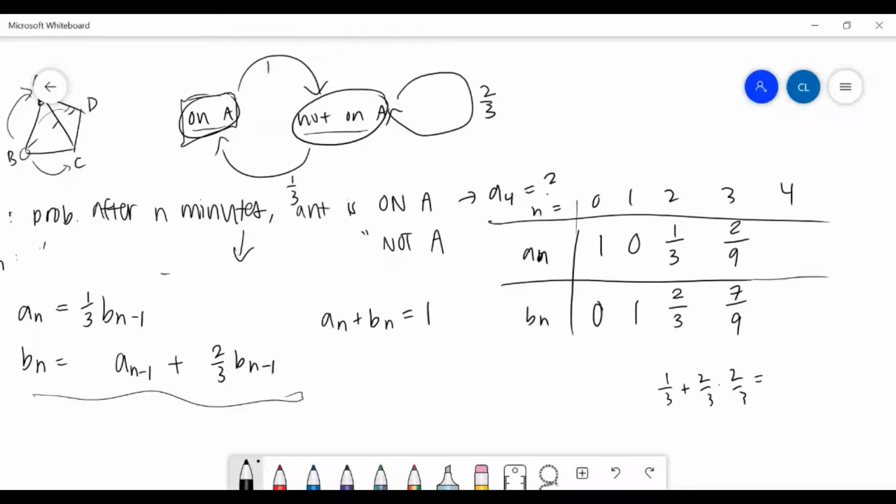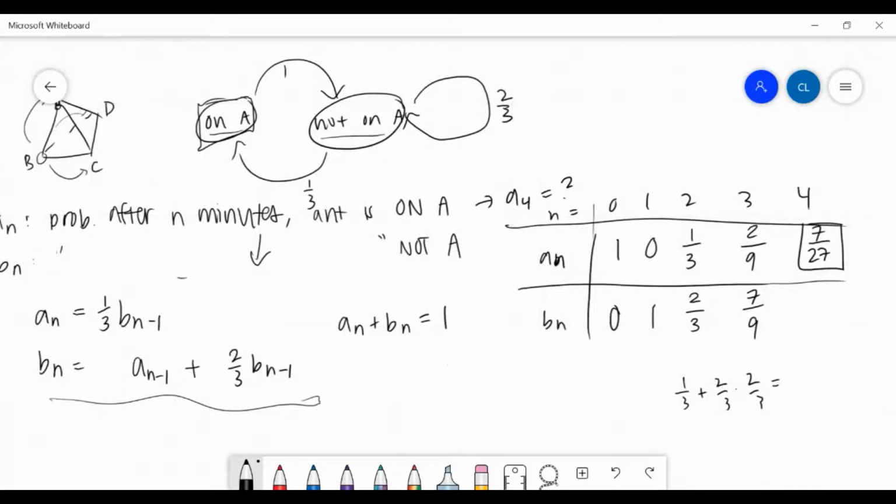And then A_4, which is what we're asked for, is 7/27. I hope that's right. I don't remember the answer, but yeah. It's just arithmetic. Okay, does anyone have any questions about this problem?